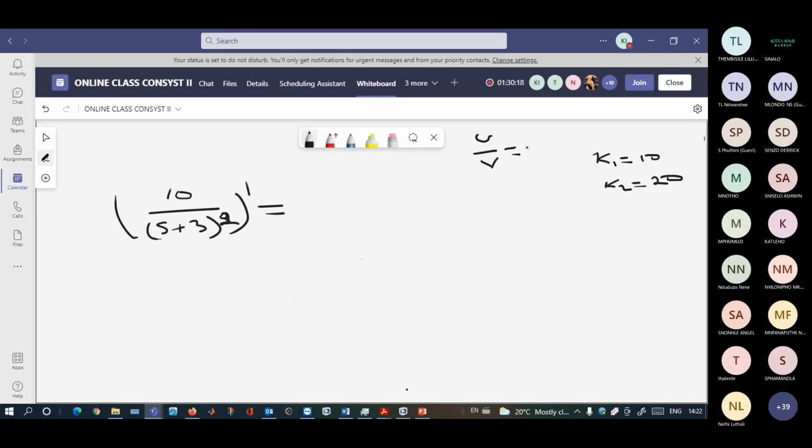Derive u, then multiply by v, minus u. Okay. Then let's say now we have v squared. How are we going to do it? Okay, so you know that is the formula. So this one gonna be 2 times 10. Okay, are we together?